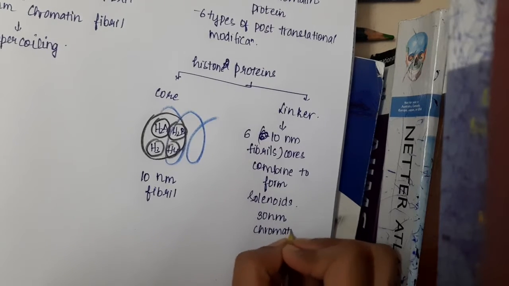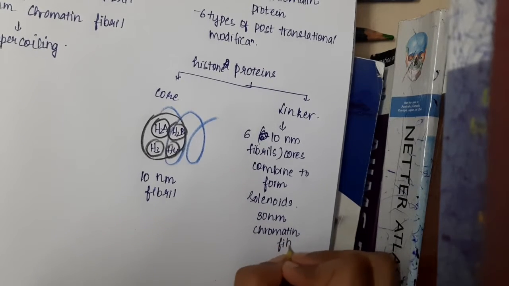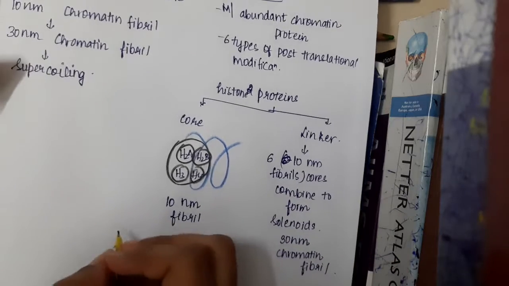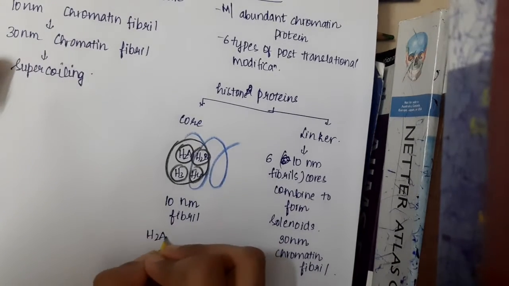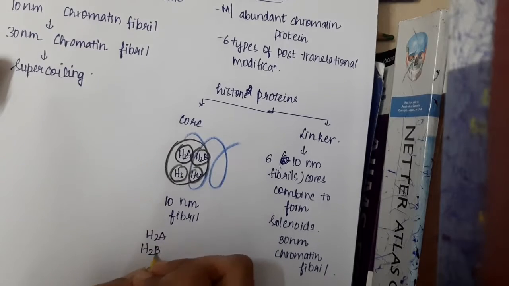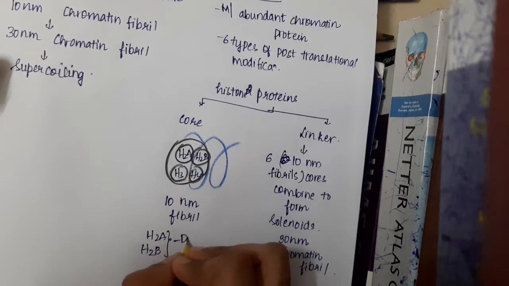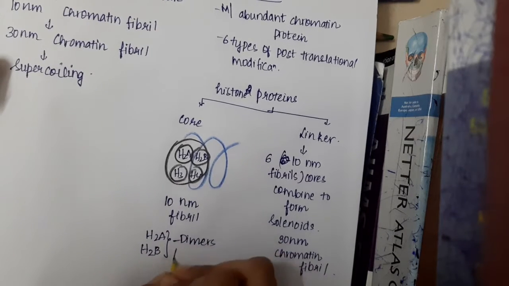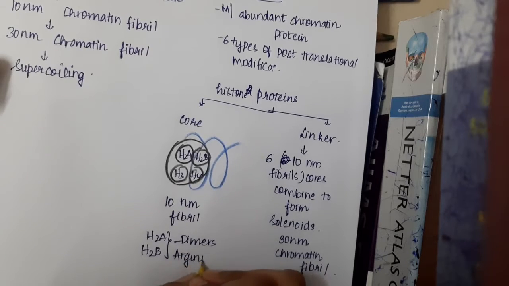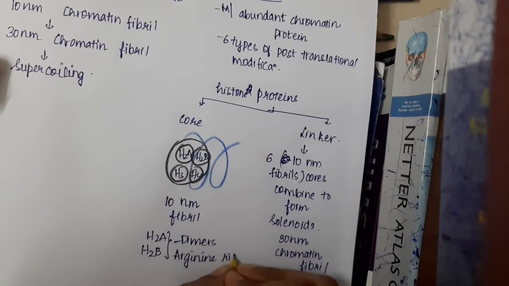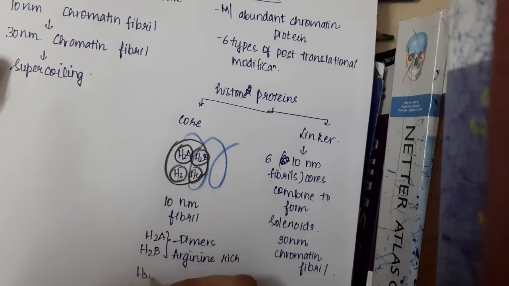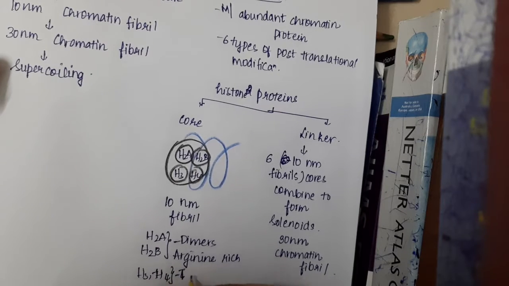In core histone proteins we have H2A, H2B, H3 and H4. H2A and H2B are dimers and arginine rich, and H3 and H4 are tetramers, lysine rich, and all of them form the histone octamer. Very important. This is arginine rich, this is lysine rich.